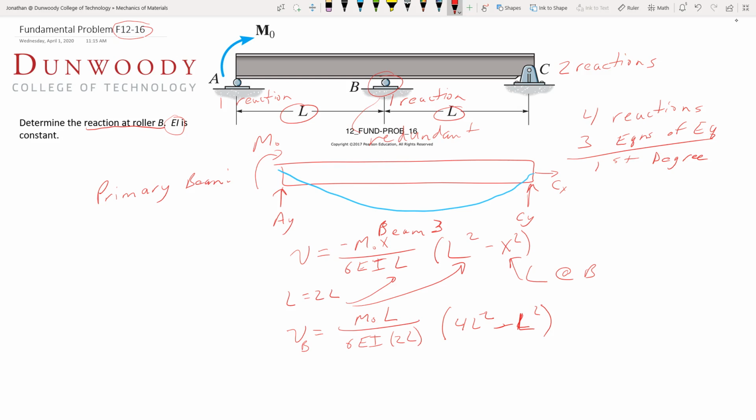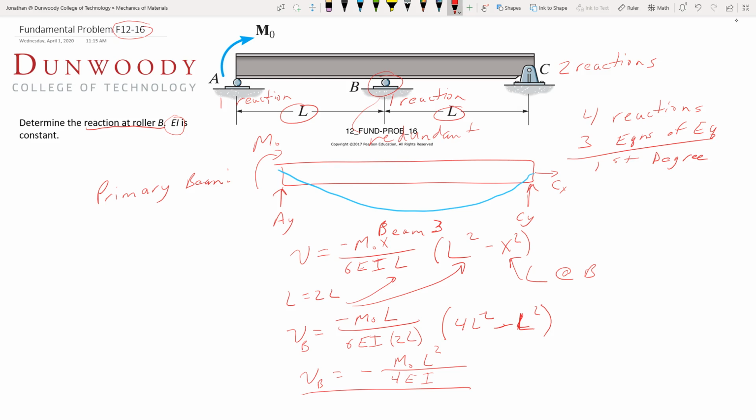And as we reduce that down, and I'm showing that this is down here, so maybe I should put a negative sign there, keeping that through. So I'm going to find negative. One of these L's is going to cancel out. I'm going to get 12 over here, I'm going to get 3, so that's going to be a 4 on the bottom. EI on the bottom. And on the top I get M0 L squared over 4EI. So that's going to be my deflection at that point.